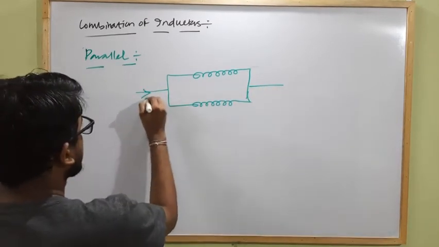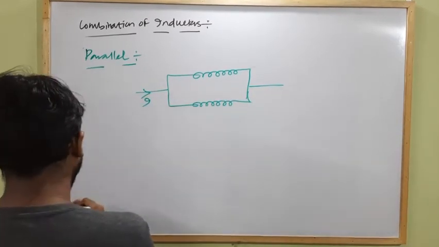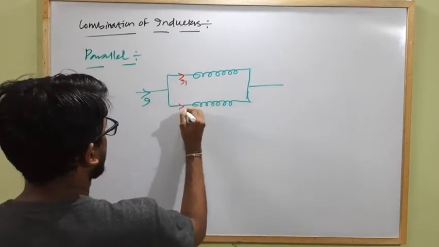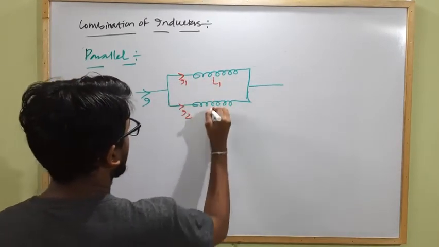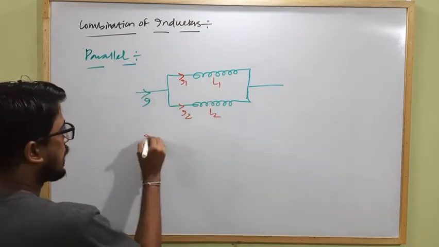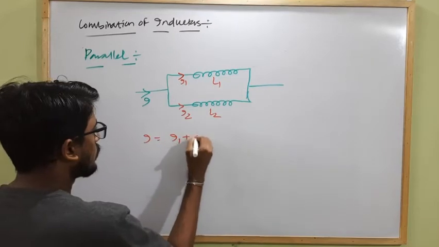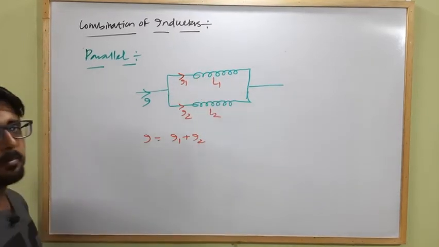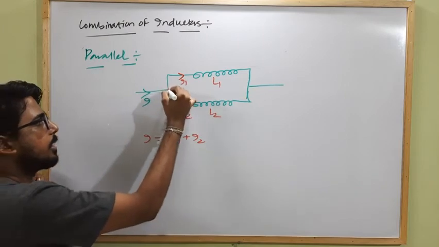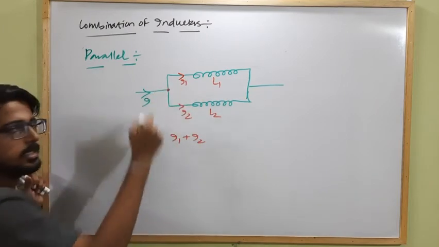If current I is flowing through this circuit, it will be divided into I1 and I2. Let these be L1 and L2. According to this circuit, we can write I equal to I1 plus I2, because this is a parallel combination, so the net current entering will equal I1 plus I2 if I apply Kirchhoff's junction rule at this point.